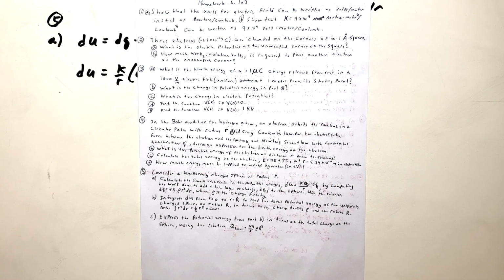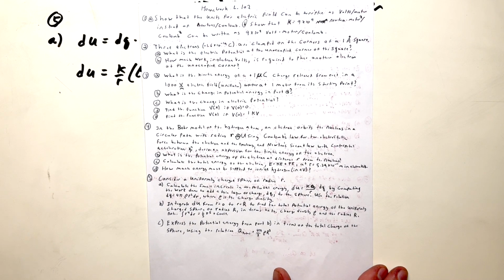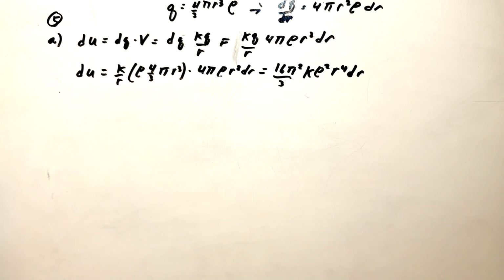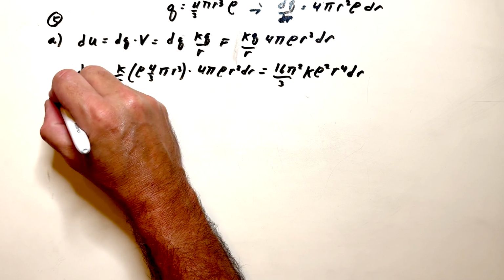Part B. Integrate this dU from r equals 0 to r equals big R to find the total potential energy of the uniformly charged sphere of radius R in terms of the charge density rho and the radius R. The integral of r to the 4th is just 1/5 r to the 5th, for those that are calculus challenged, I guess we could say.